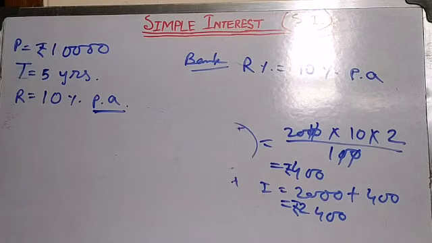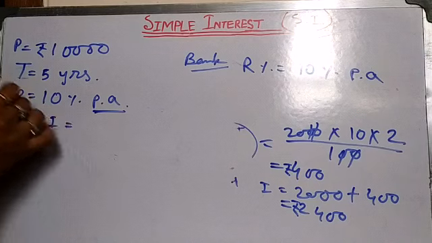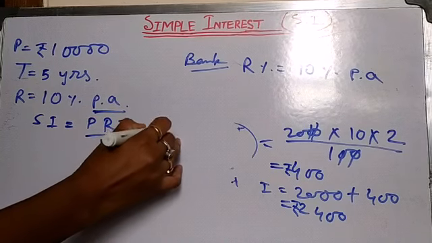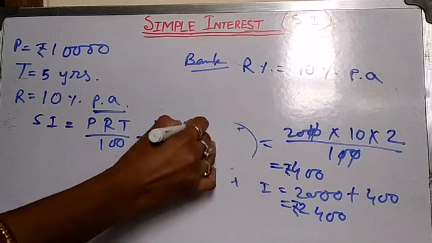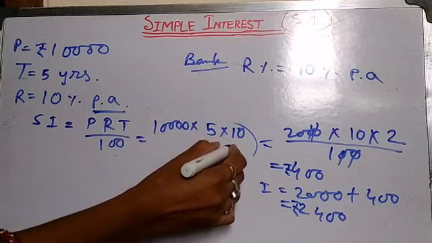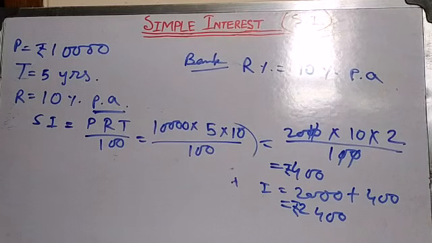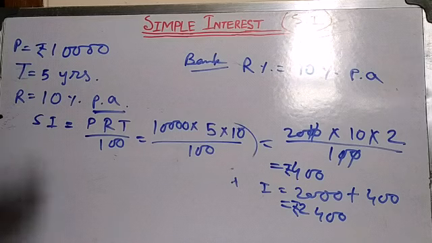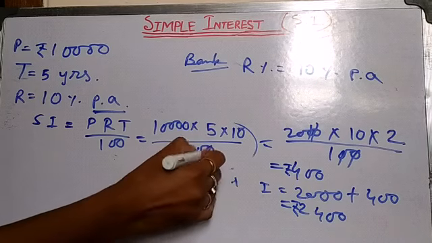Principal money is 10,000, borrowed money is 10,000. So how much money do I have to return to the bank? How to calculate it? By that process, SI will be PRT by 100. Then P is 10,000 into T is 5 years and rate of interest is 10 divided by 100. So by this process we can get the extra money I have to give to the bank.